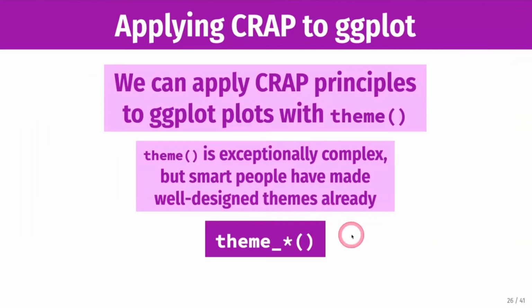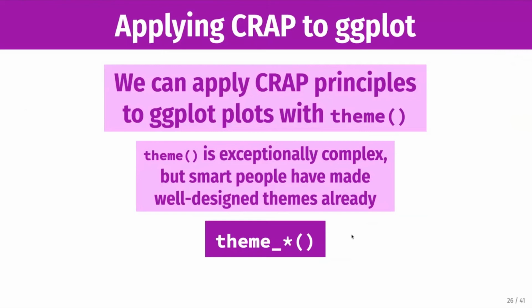That lets you target specific elements of your plot. So if you want your subtitle to be light and your title to be semi-bold, you can do that. You can use the theme function to target those specific parts of your plot to make them those different font weights. If you want your title and your plot to be right aligned and everything else left aligned, so you get good contrast in the alignment, you can also do that with the theme function.